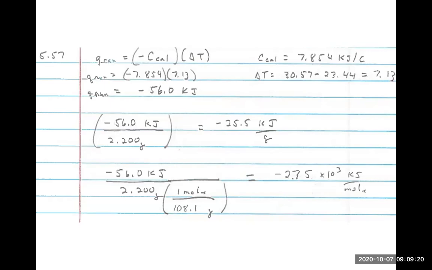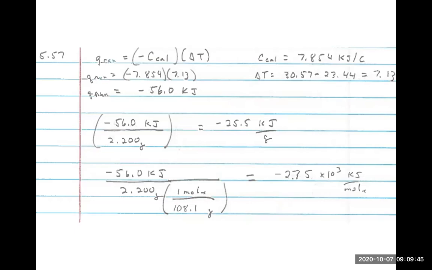So the formula we're going to use, we're going to get this heat of reaction from above there, where we were told that the constant for the calorimeter we're using is 7.854, and we know what our temperature difference is.